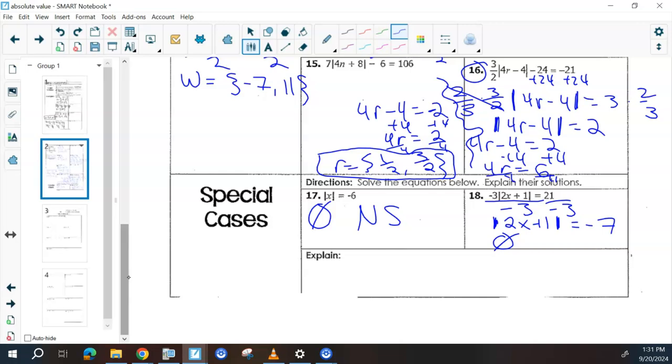Why should you divide? Because these are multiplying. They're next to each other. So to undo that, we would divide. So anytime you have isolated the absolute value bars and it equals a negative, you're going to get no solution. You cannot do that.